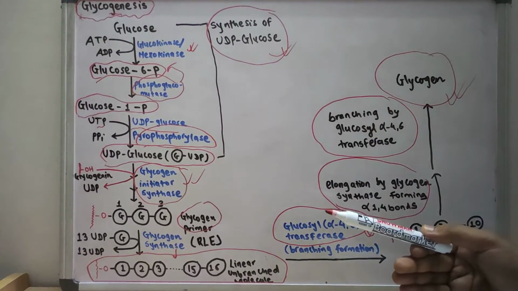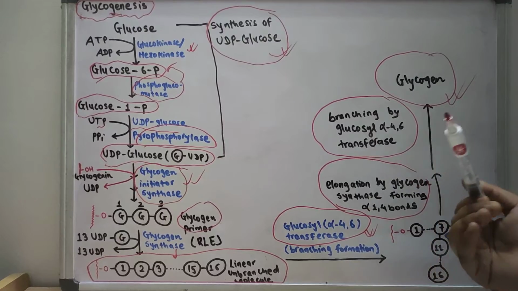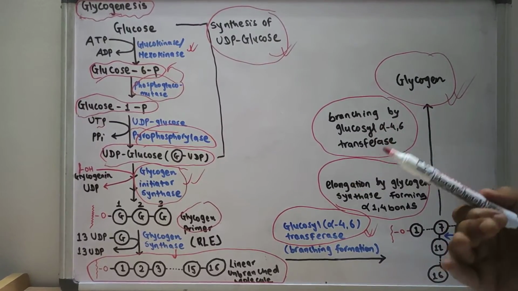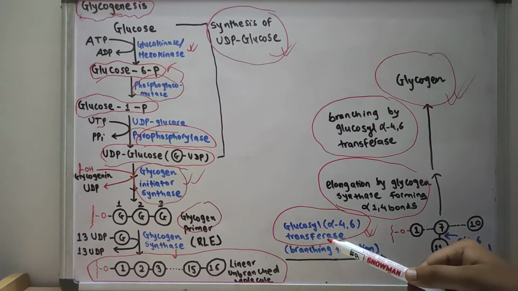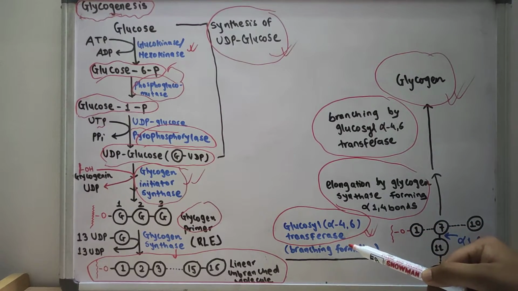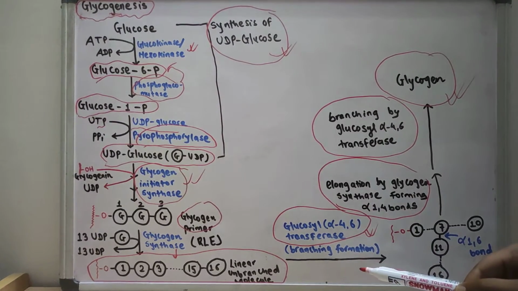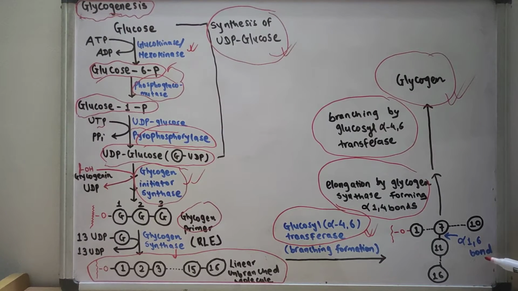But as we already know, glycogen is a branched molecule, so branching is required. This is brought about by glucosyl alpha 4,6 transferase. It breaks the 1,4 glycosidic bond and forms the 1,6 bond between the 5 to 7 glucose molecules.